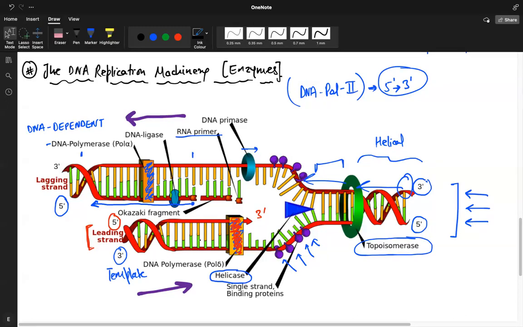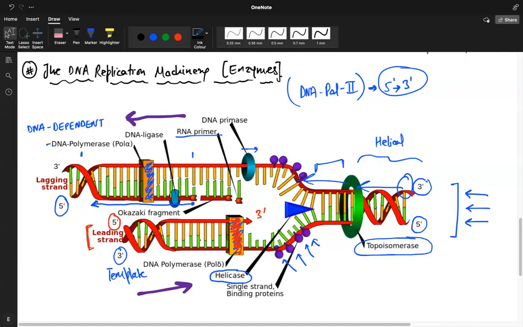The replication begins at specific sites or specific regions in the DNA known as origin of replication.